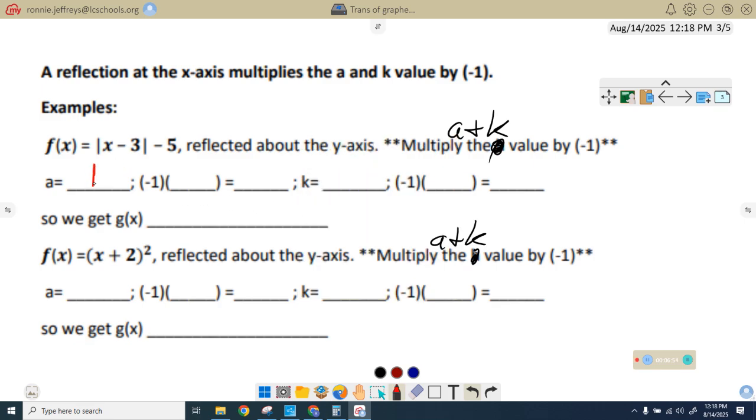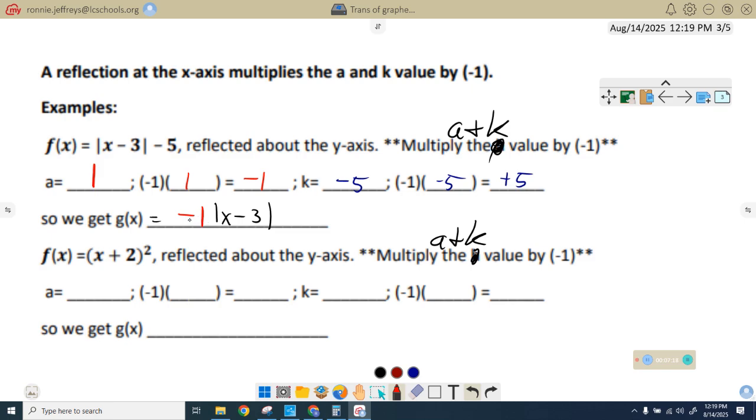So our a right here is 1, so this would be negative 1. And then our k right here is negative 5, so it would be positive 5. So now you can write it like this.